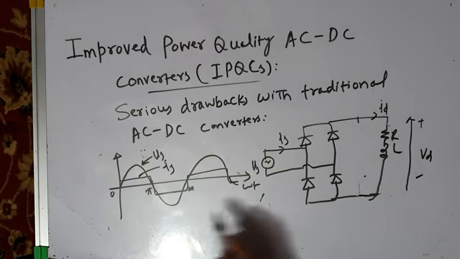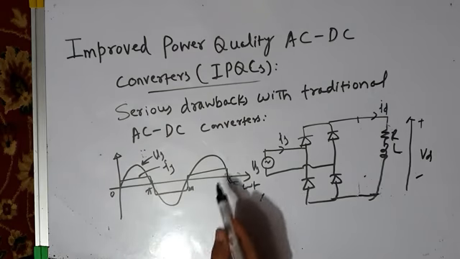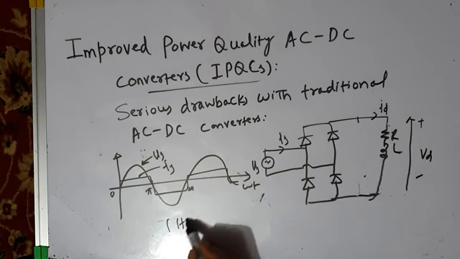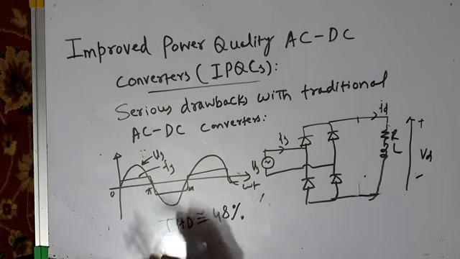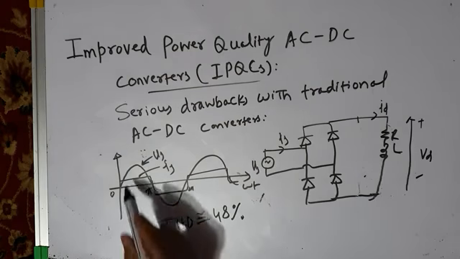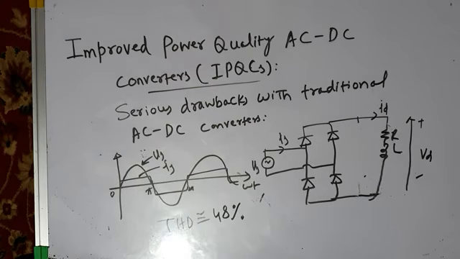And if you remember through FFT analysis, we have found the THD, total harmonic distortion, of this type of current. Let me refresh your memories. It was nearly 48%. 48% is again a very high value. That means this current is highly distorted.